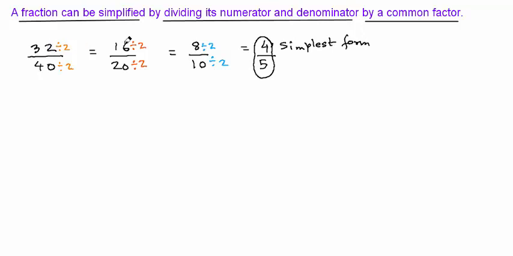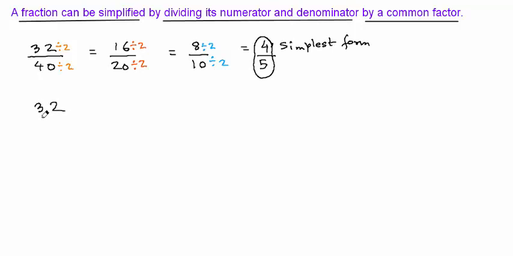Note that you could have reached this 4/5 starting from 32 over 40 in fewer steps if you divided the numerator and the denominator at any stage with a larger number. For example, you could have divided 32 with 4 and 40 with 4 and directly get an 8 on the top and a 10 on the bottom without having to go through the 16 over 20.